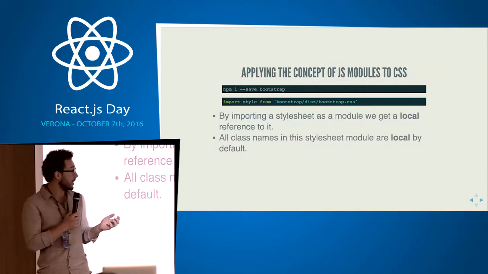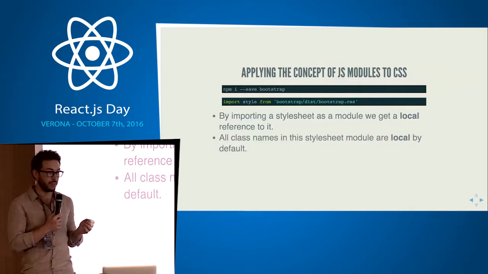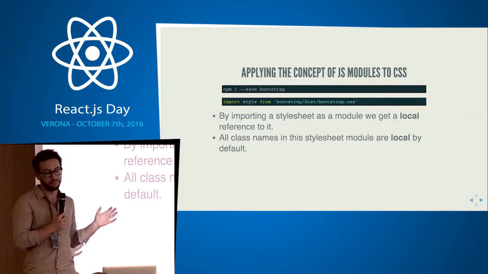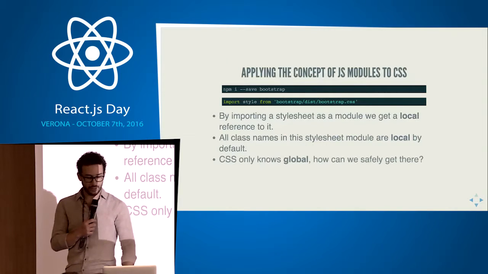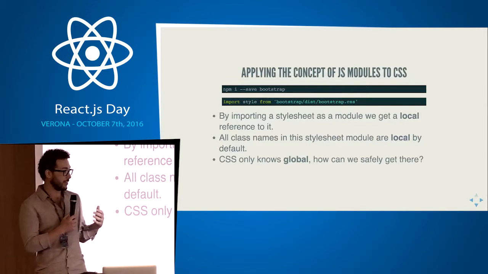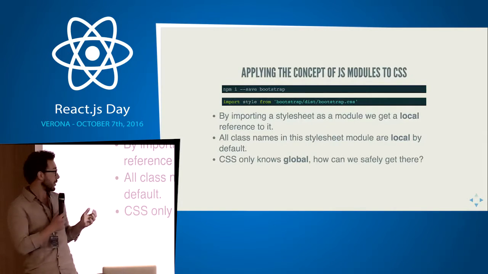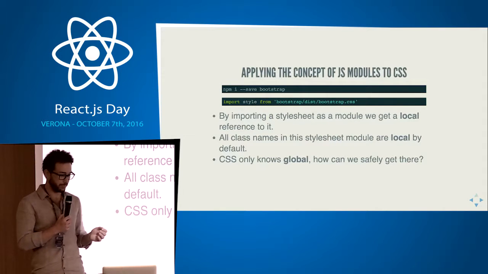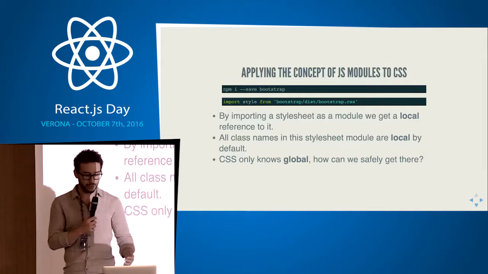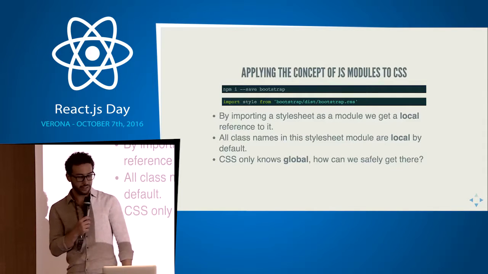And all those class names in the style sheet are local by default. So there are no global class names anymore. They are all local. And then the challenge is, since CSS only knows global, right? We need a way to get back to global, but in a safe way, so that we don't have all the problems that we usually have with global style sheets.